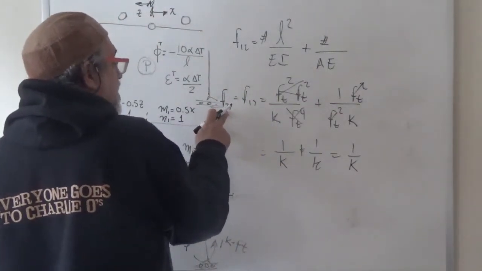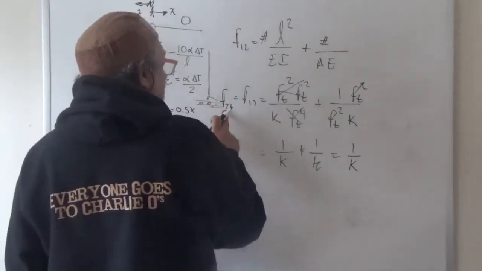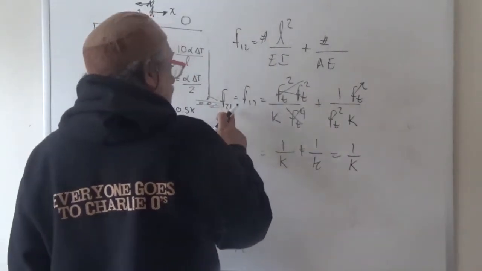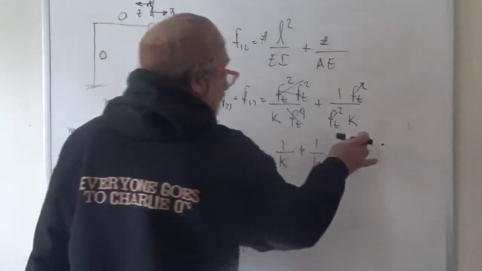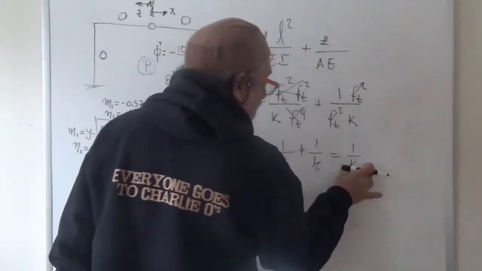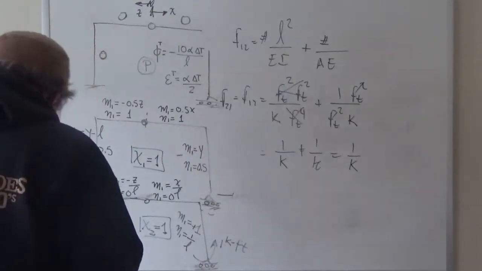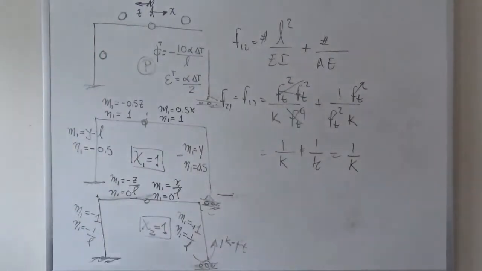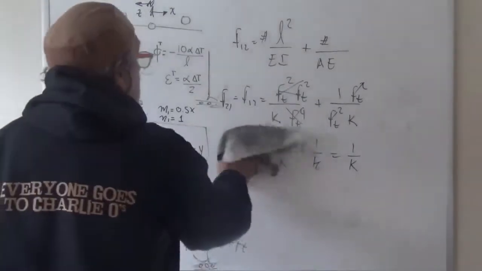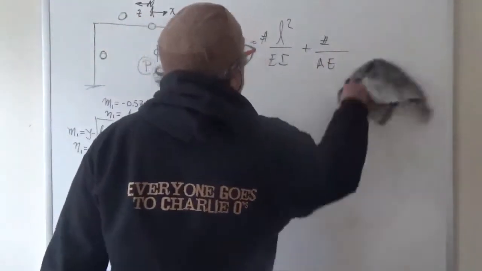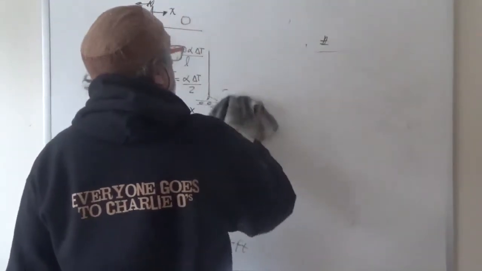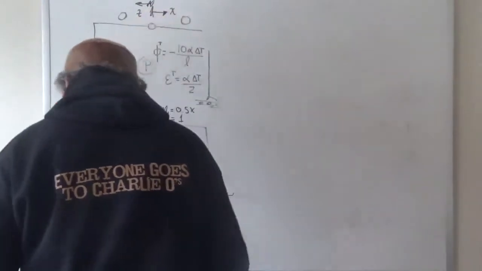So F21 is the rotation at 2 due to a unit load at 1, which is a rotation, no units, due to a kip. Okay? And the other interpretation also works the same. So we are satisfied that, not that our numbers are necessarily correct, but at least our units are correct, right? So we have the correct units.